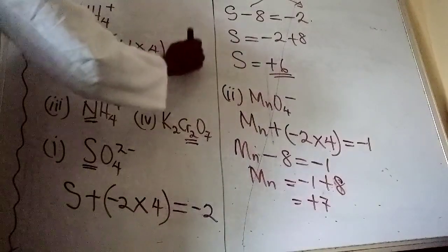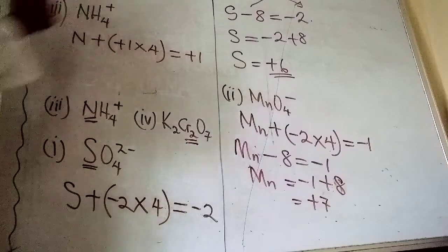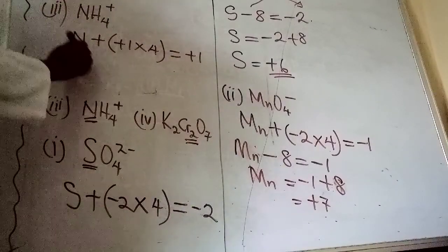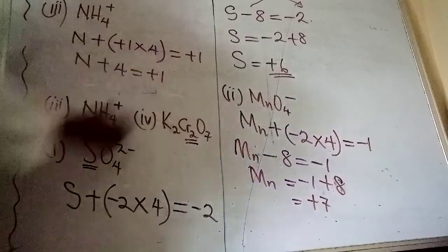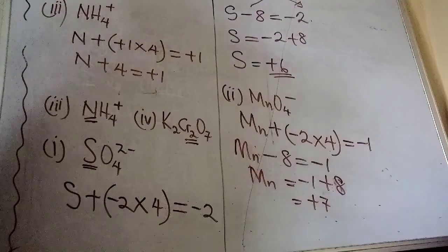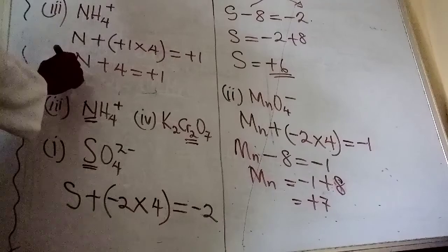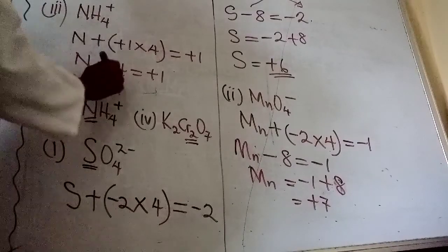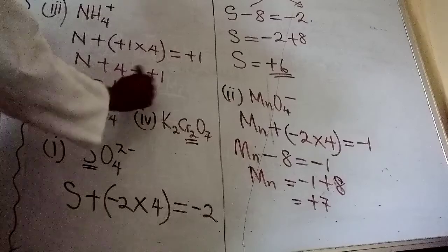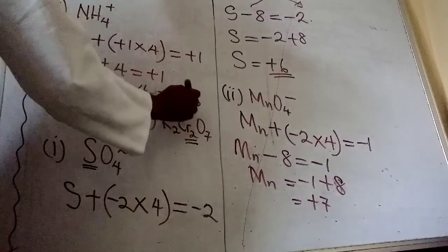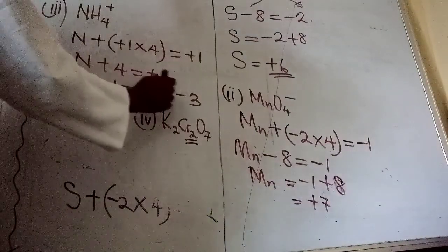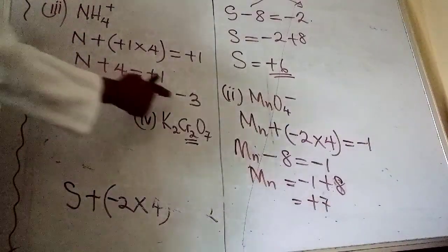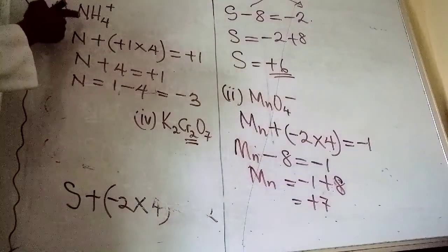Everything equals plus 1 because it's carrying only a single positive charge. So N plus 4 equals plus 1. Now, what will N be? N will be 1 minus 4. That's minus 3. So the oxidation number of nitrogen is minus 3 in ammonium ion.